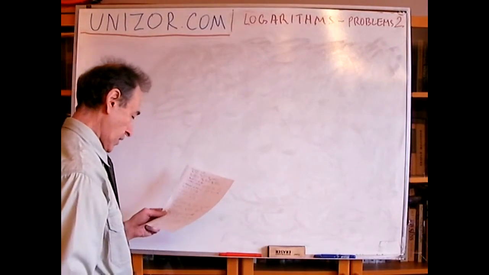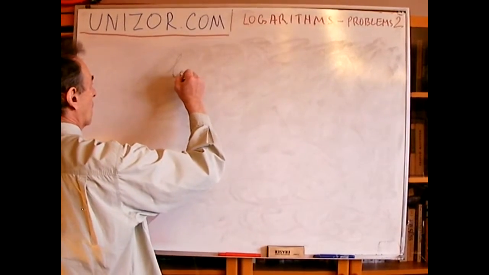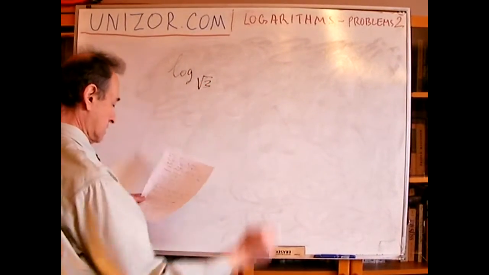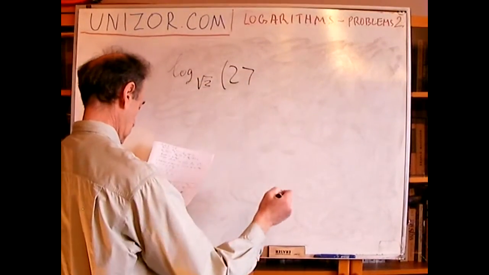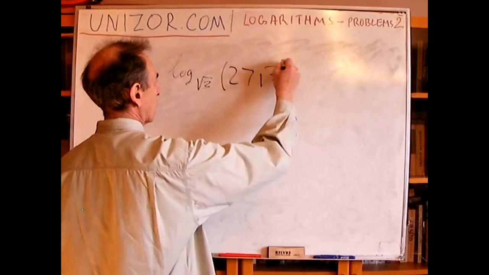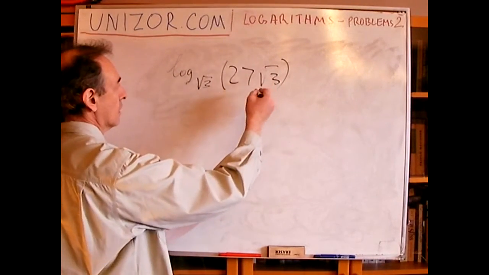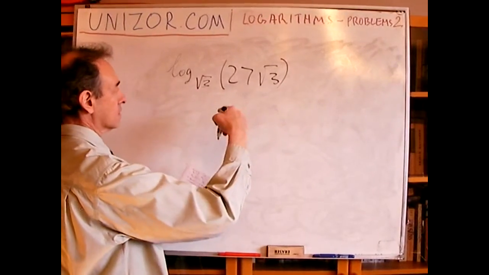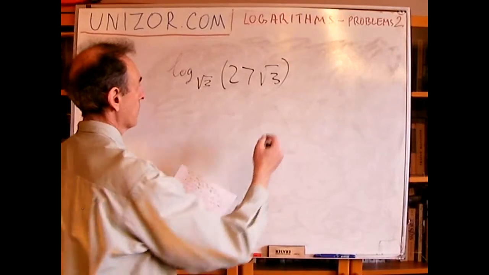A couple more. Log, the base is square root of 3, of 27 square root of 3. All right. So we have to convert whatever is here into the square root of 3 in some power.